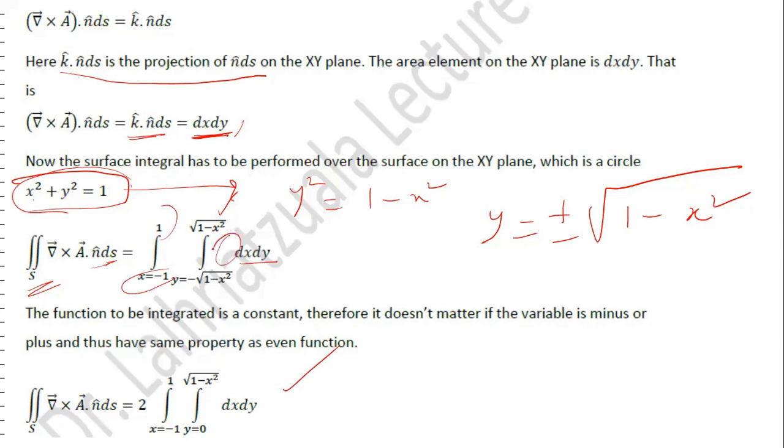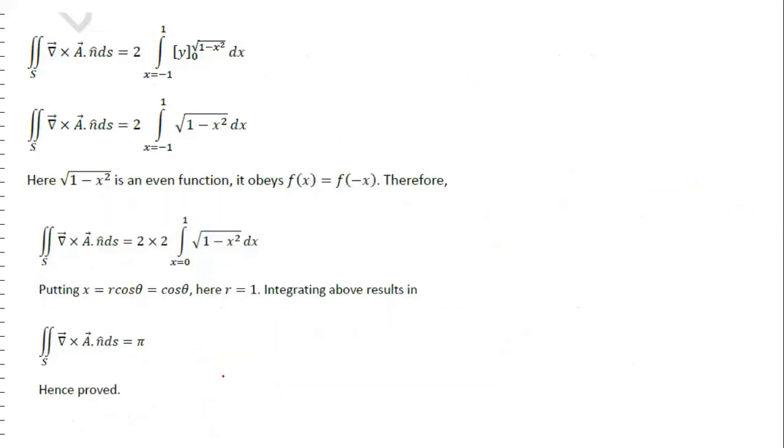Moreover, whatever function you have here is constant, so you can consider this as an even function. So this integration from minus a to a can be written as 2 times 0 to a, so 2 times y equal to 0 to this. So you perform that integration, and this is what you have.